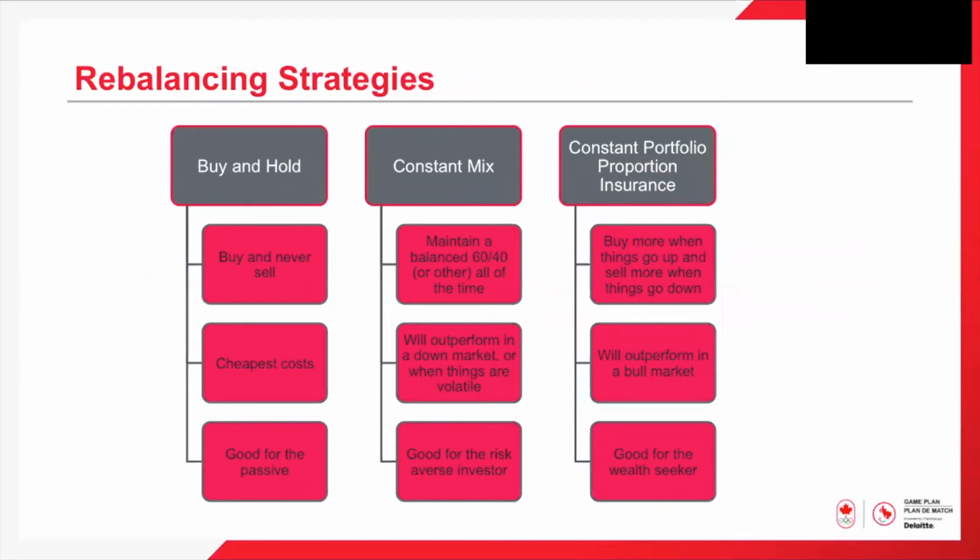The other big thing too, and this is where most people fail, is in rebalancing. Some people deploy what's called a buy and hold strategy, where you just buy and you never sell, right? Which can be fine. It's good for the passive investor, it's cheapest and so forth.